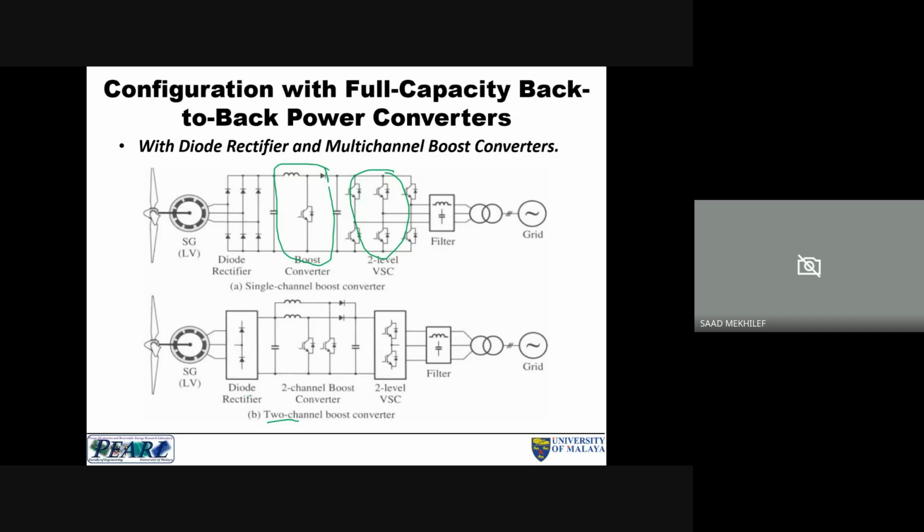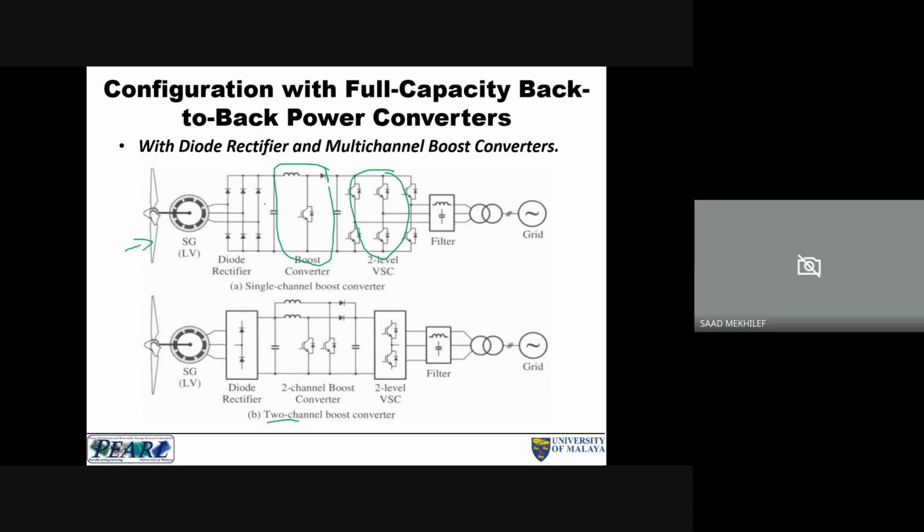Also, we can have what we call dual channels. You can see here there are two converters, two channel boost converters. This is just to increase the power of this converter. The rectifier rectifies the output from the generator, but it does fluctuate depending on the wind speed.